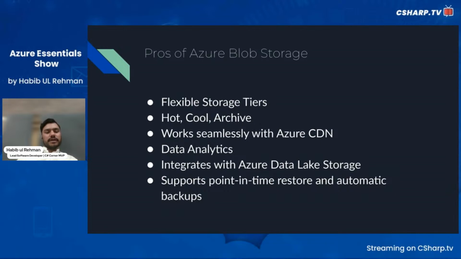Then you have cool, which is less expensive than hot storage, and your data is accessed by users normally, not too frequently. And then we have the archive tier. If your data is archived for a long time span, then archive is the best option because it has cheaper pricing compared to hot and cool. So these are the different tiers available.